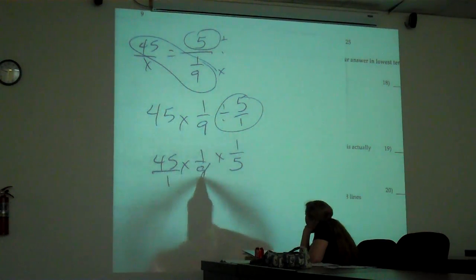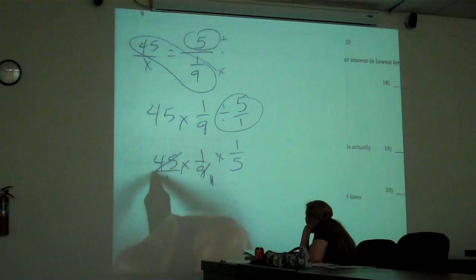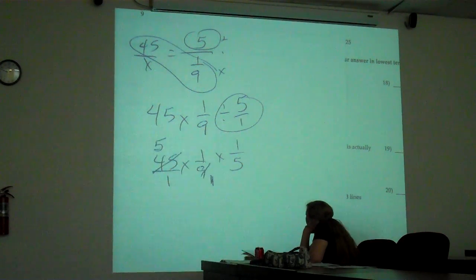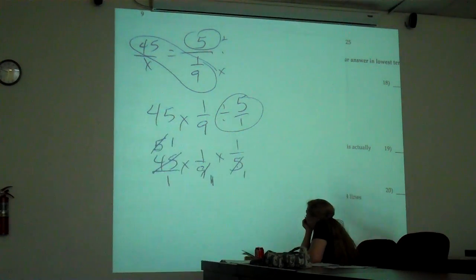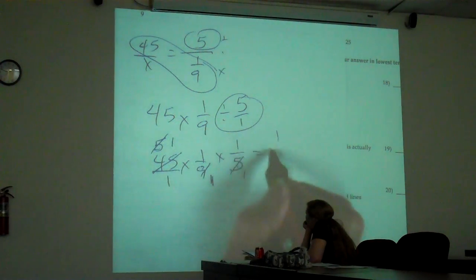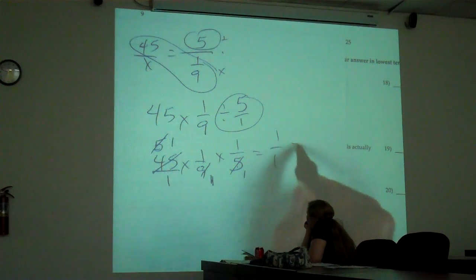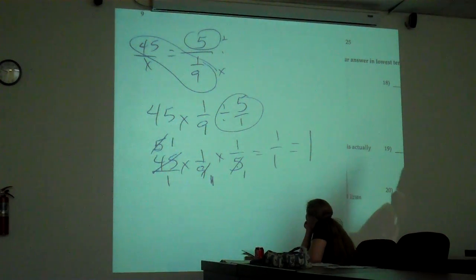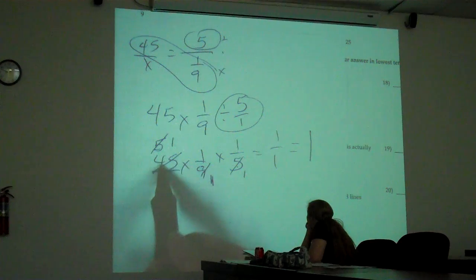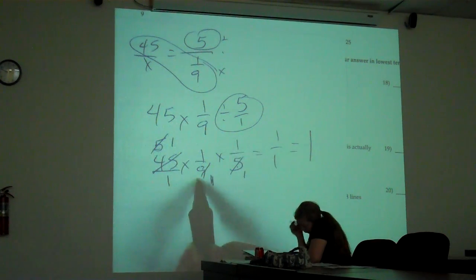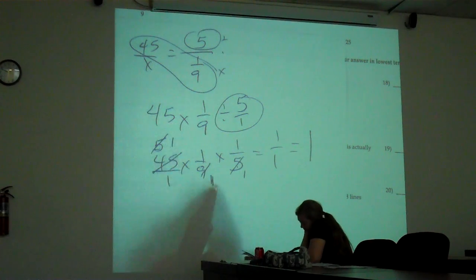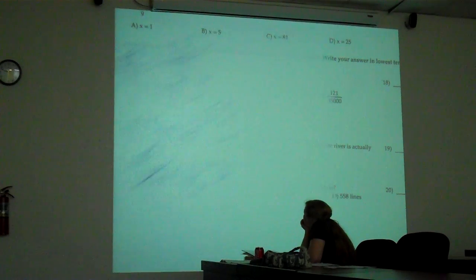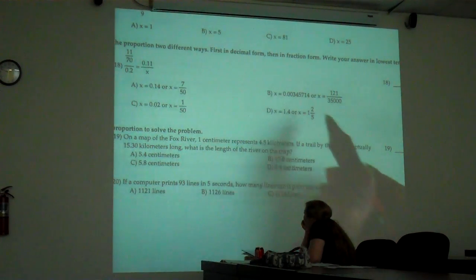Divide by 9. And now you can also reduce the 2 5s. Divide by 5. So we have 1s everywhere, huh? 1 over 1 is 1. Or you could have just done 45 times 1 is 45, and then over 45. Still be 1. You didn't have to do the canceling. So that's just 1.